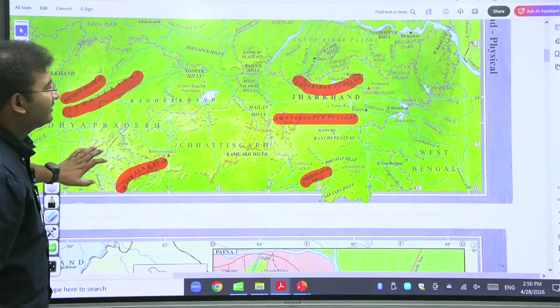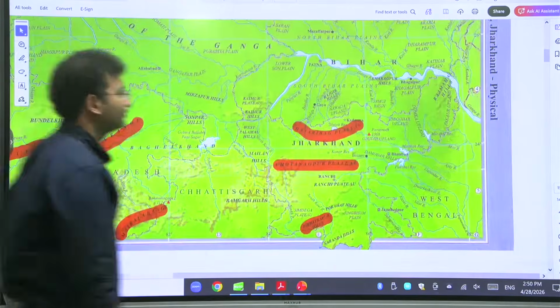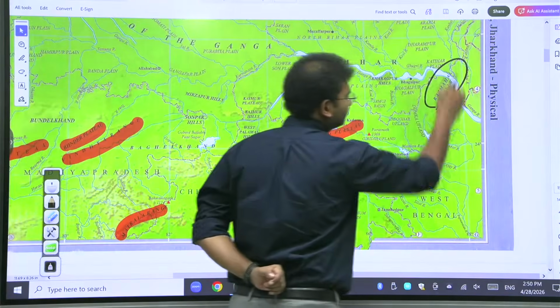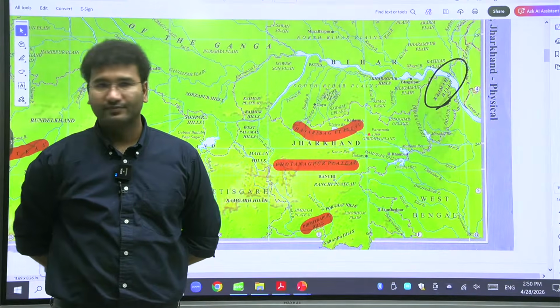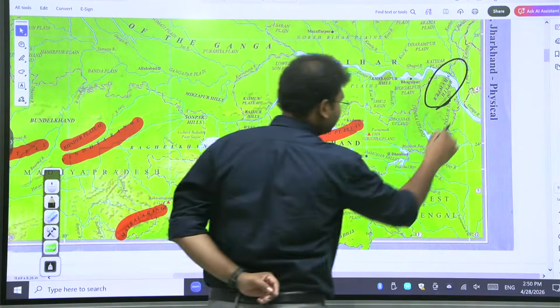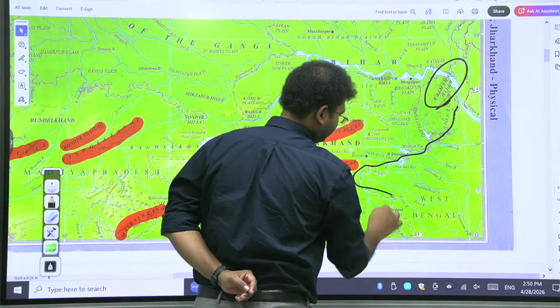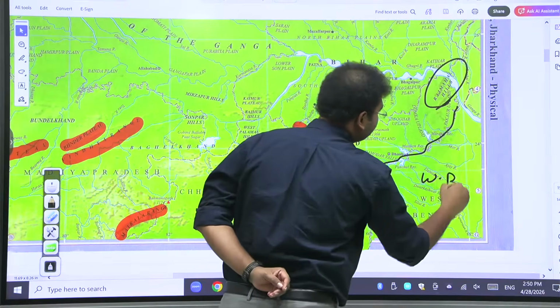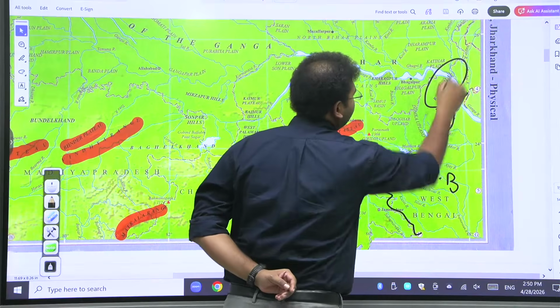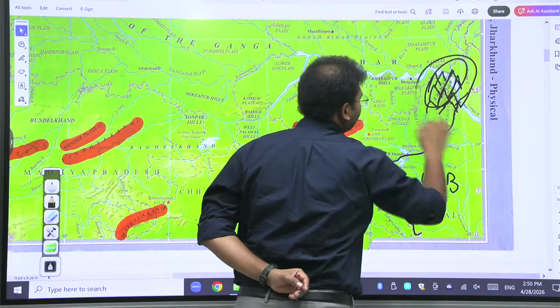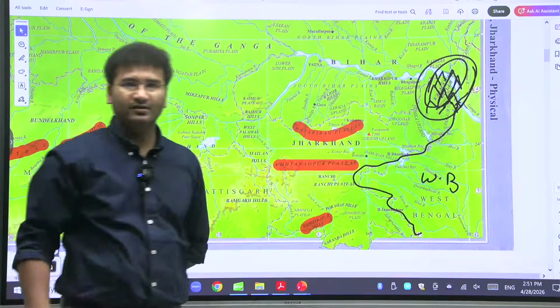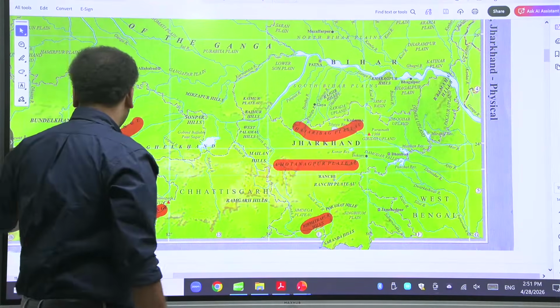Okay, Rajmahal hills. See here. This is your Rajmahal hills. This is your West Bengal, and these are Rajmahal hills. That means your Rajmahal hills are also formed because of the hotspot, right? Okay, Deccan Plateau.